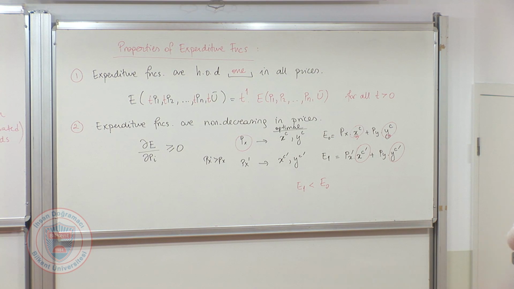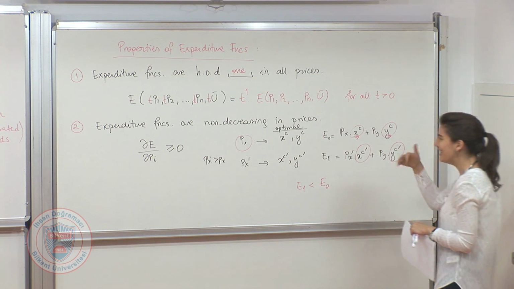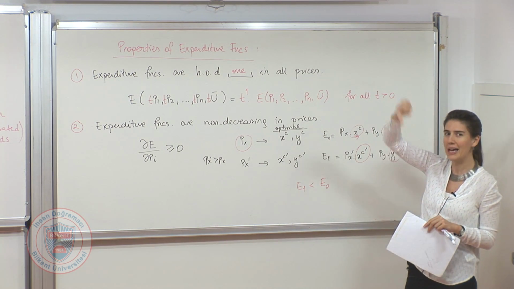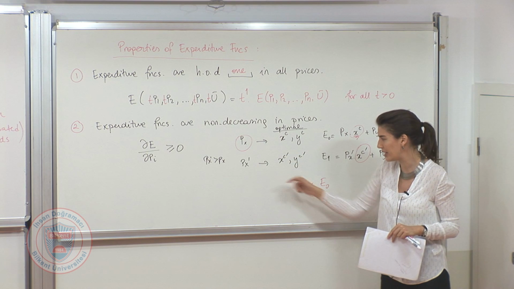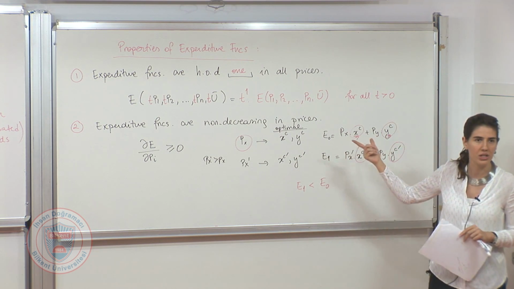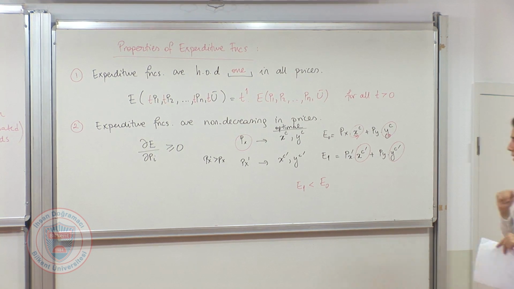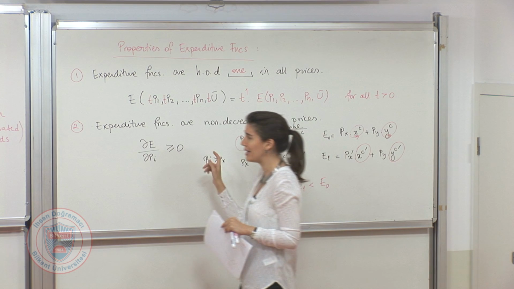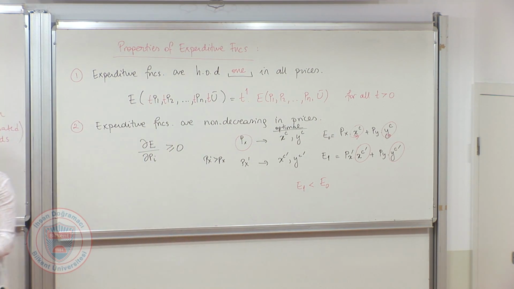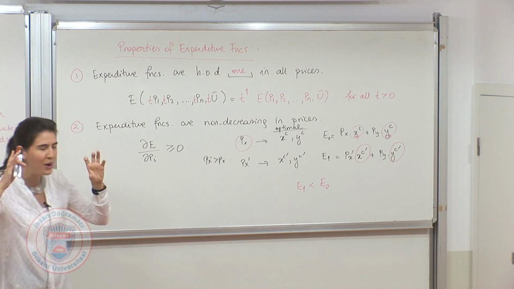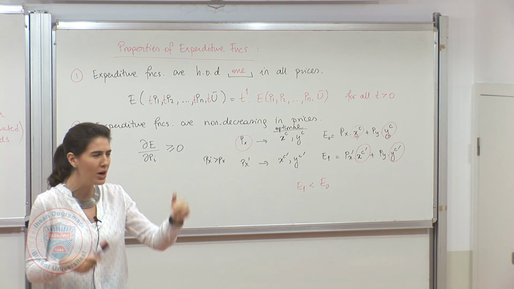Just keep this in your mind. That's why the other way around is not possible. When price increases, if expenditure decreases, you get a contradiction: the initial bundle that you thought was optimal wasn't optimal at all. That's why we say expenditure is not decreasing in prices. Don't worry, just try to have this way of making an argument, okay?